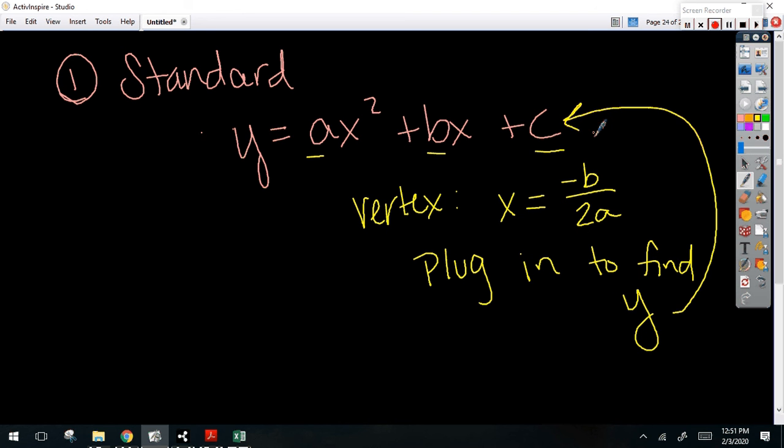Once we have the vertex, and you have to have the vertex anytime you graph a parabola, that is probably the most important point on that parabola.